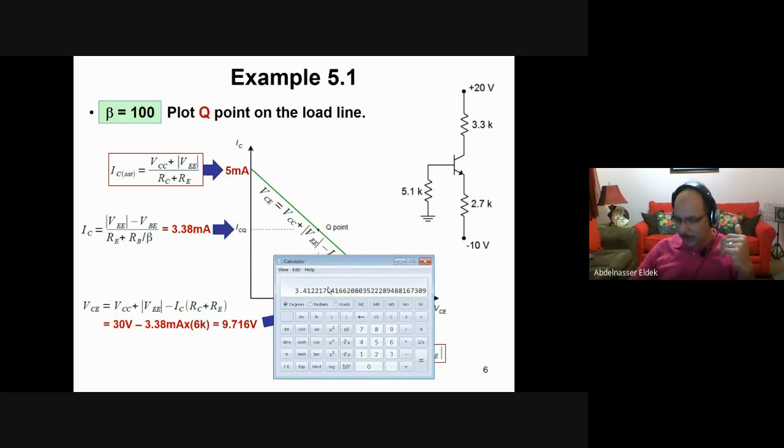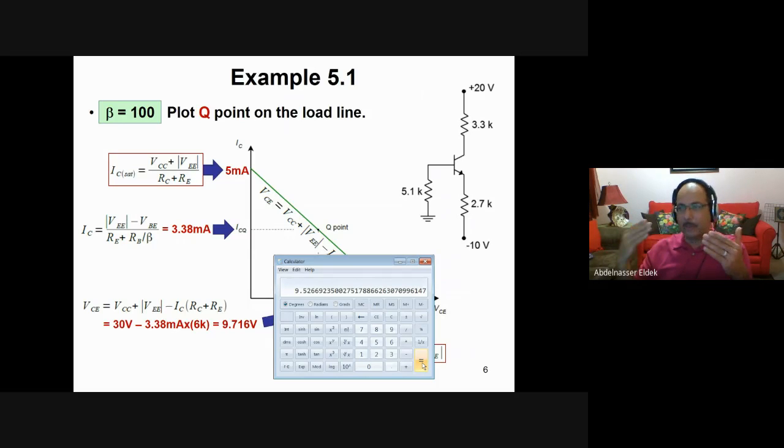So multiply this current times 3.3 plus 2.7, which is 6. Here it is, 20.47. Then give it a negative sign and add 30 volt, equals 9.526. So you see here the difference is not huge.